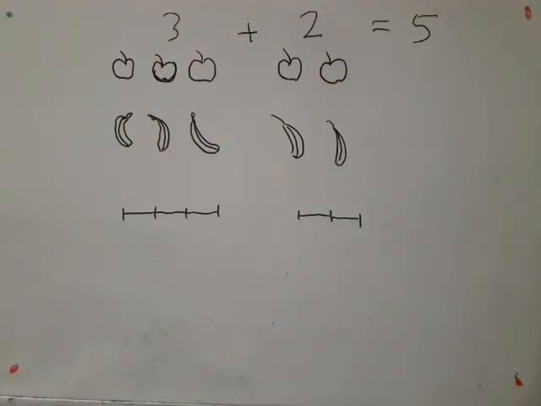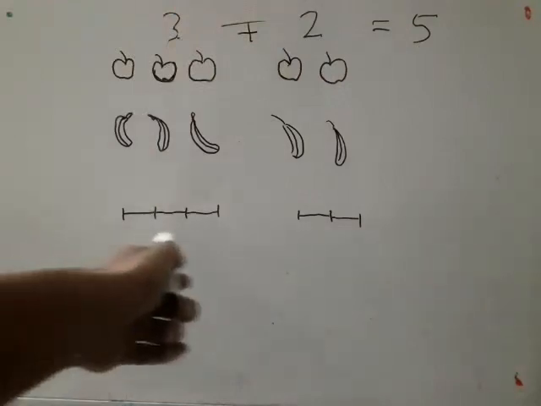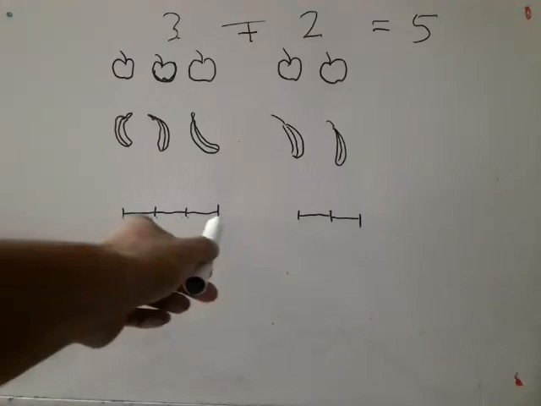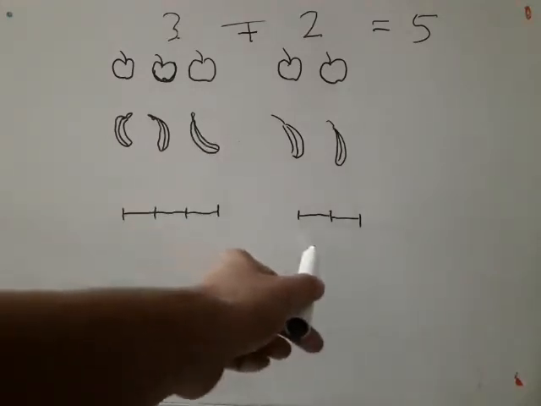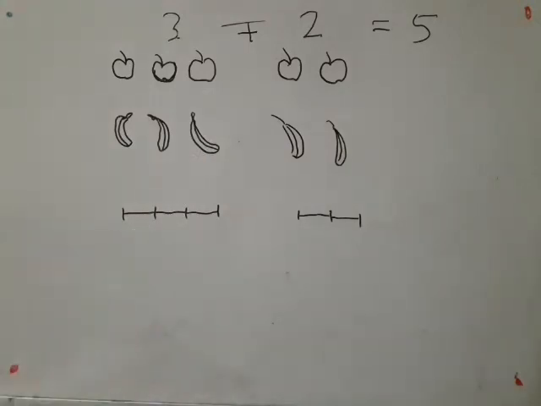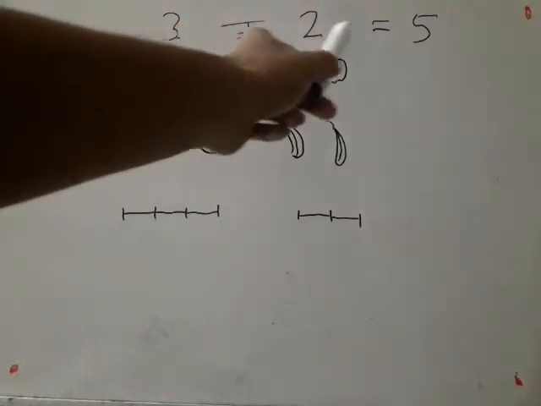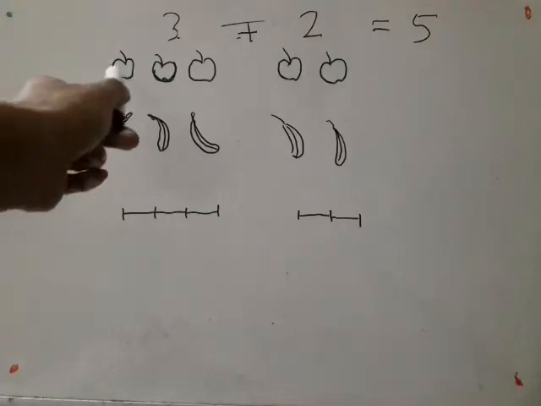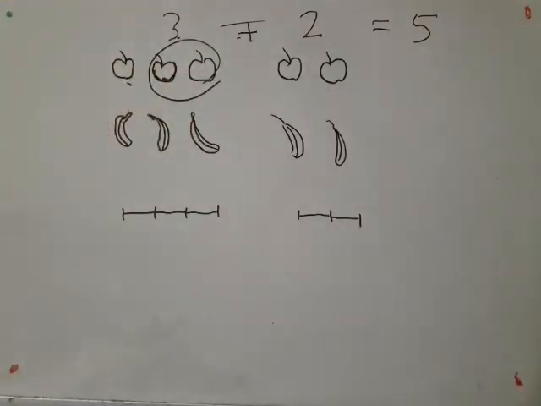But there are other things which also may be modeled using this. For example, traveling a distance. If you travel a distance of 3 units and then follow it up by traveling 2 more units in the same direction, then again the answer is 3 plus 2 equal to 5. If I have 3 apples and I take away 2 of them, I am left with 1. Similar thing about bananas and oranges.